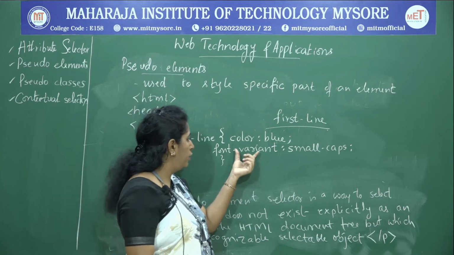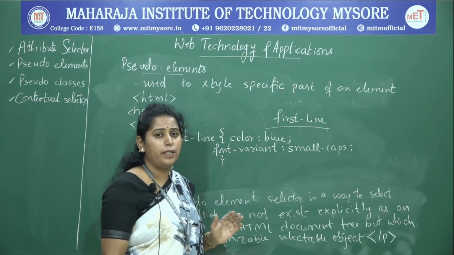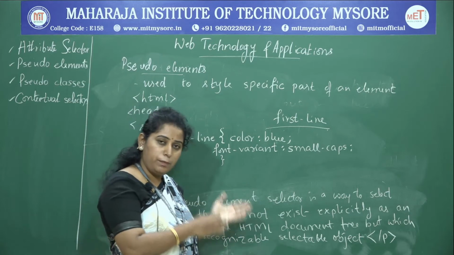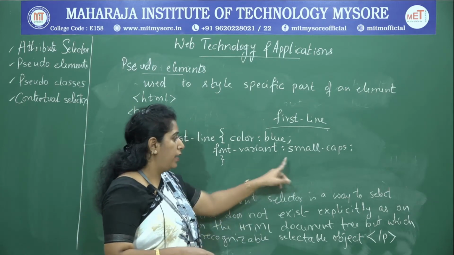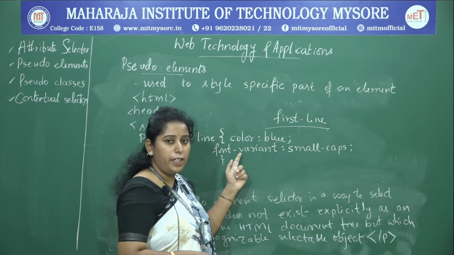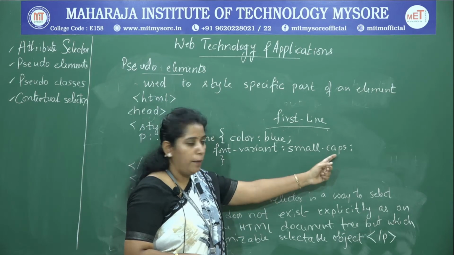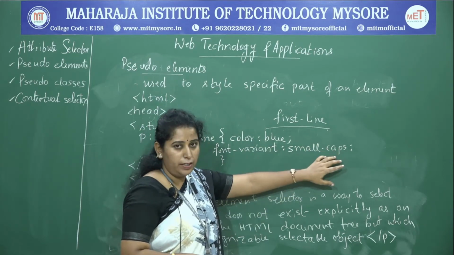Now I am introducing font-variant. Font-variant means if you want to change the case, for example from lowercase to uppercase or uppercase to lowercase, you can make use of a property called font-variant. Here small-caps means that you are converting small letters to capital letters.